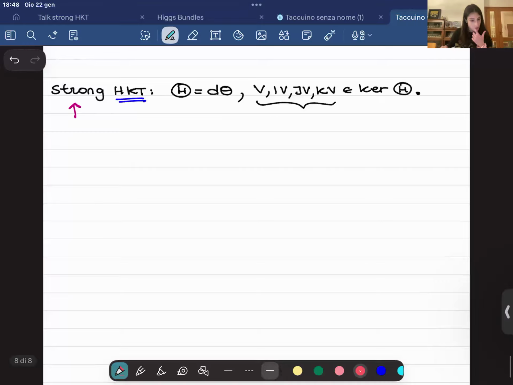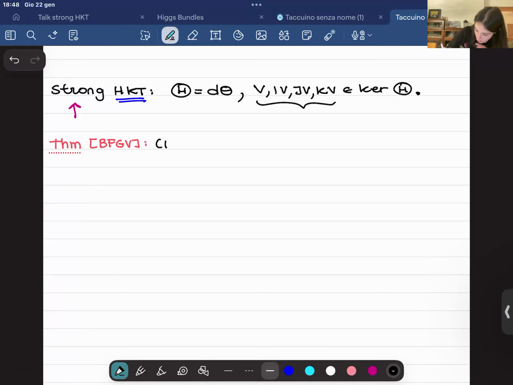So, I don't have much time, but let me state the theorem and let's see what I can show to you. So let's now fix the eight-dimensional case. This is true in general.